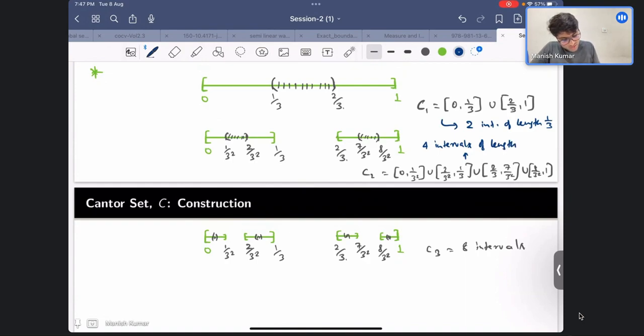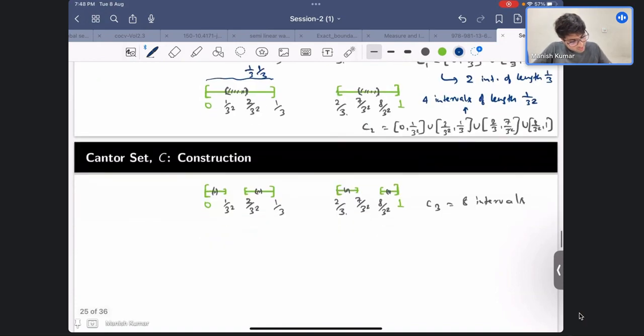So this was the length of 1 by 3. We further partitioned into 3 equal parts. So the length of each interval will be 1 by 3 times 1 by 3, right? So this is a length of 1 by 3 squared. In the same way, C3 is a union of 2 squared intervals, right?